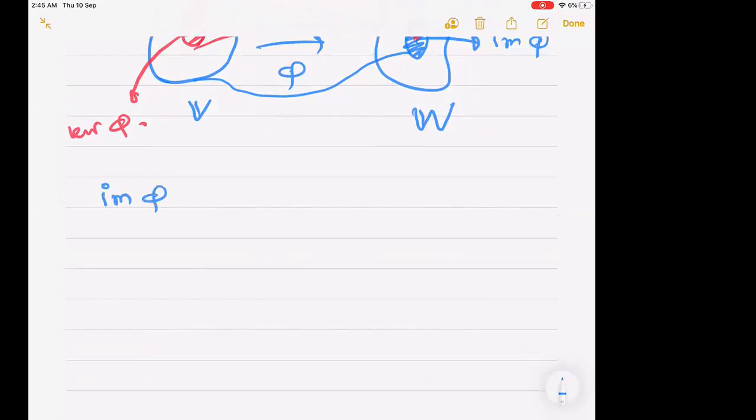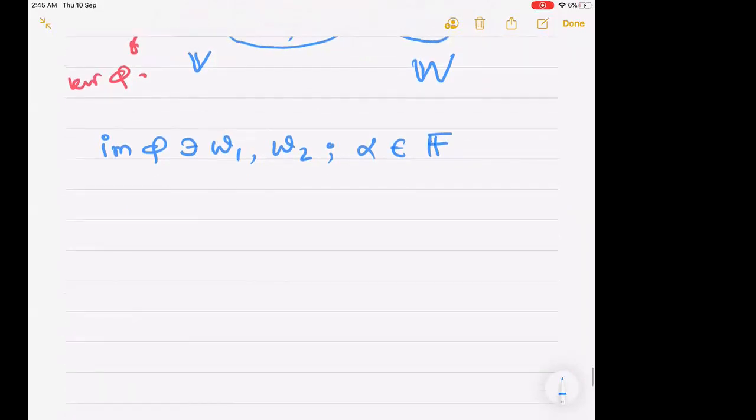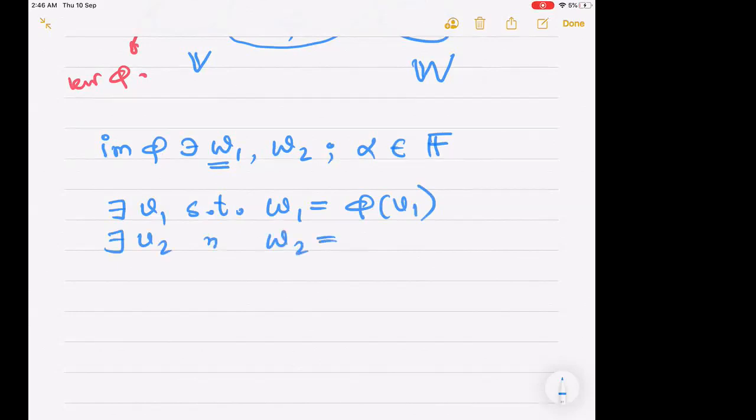Suppose we take arbitrary W1 and W2, both in the image of phi, and suppose alpha is an arbitrary scalar from the field F. Then because W1 is in the image of phi, there exists V1 such that W1 is equal to phi V1, and there exists V2 such that W2 is equal to phi V2, right?